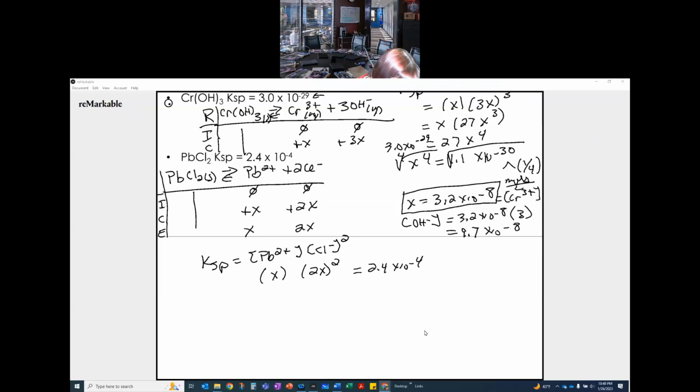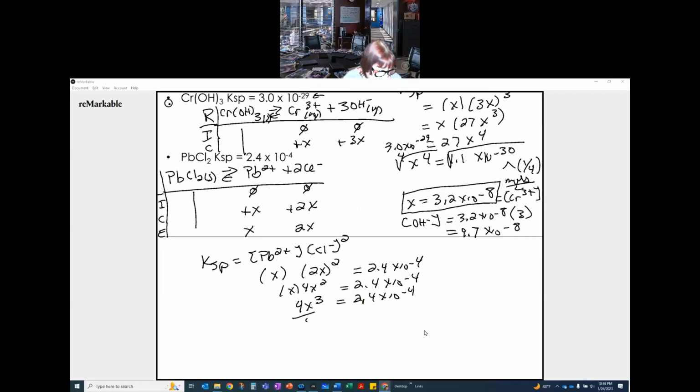Okay, so that means, again, I have to square both the 2 and the x. So that gives me 4x squared times x is equal to 2.4 times 10 to the minus 4th. We then end up with 4x cubed, because x times 4x squared is 4x cubed, equals 2.4 times 10 to the minus 4th.